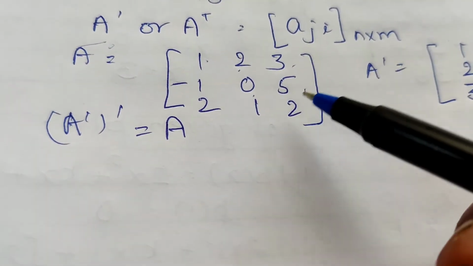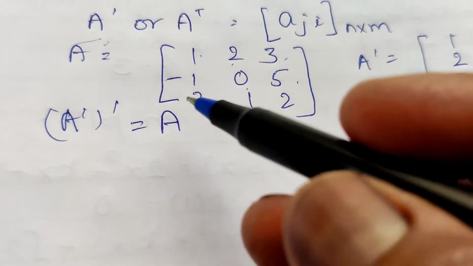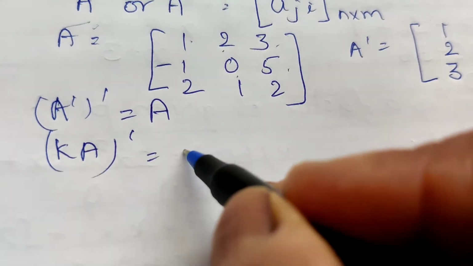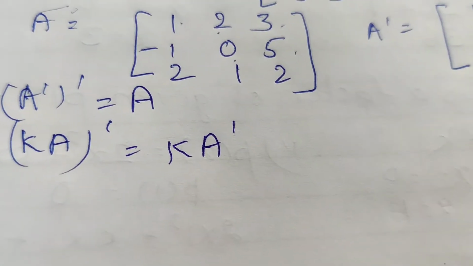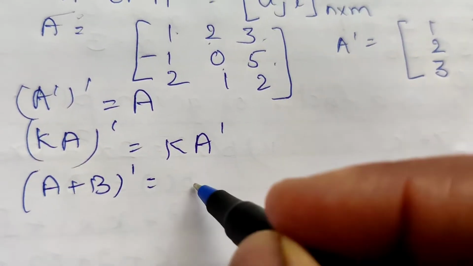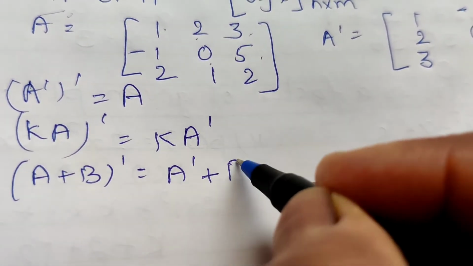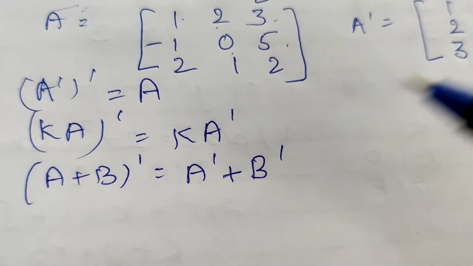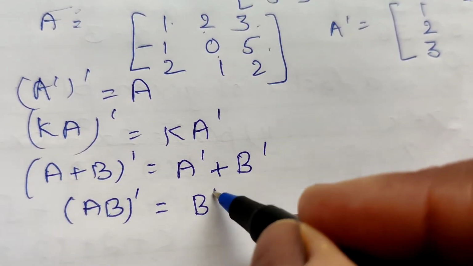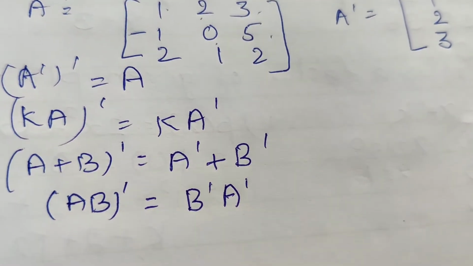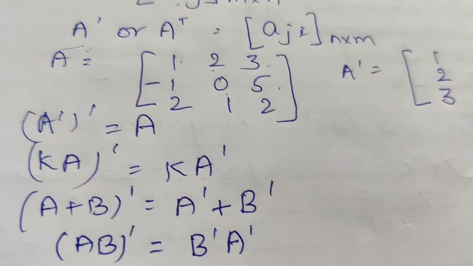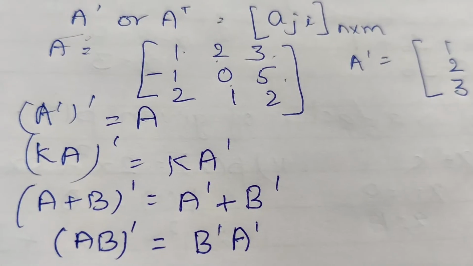If we transpose it two times, the same matrix comes back. Second, if we multiply by a constant, then the transpose of k times A equals k times the transpose of A. And the transpose of the sum of the matrices equals the transpose of A plus the transpose of B. And for the product, the transpose of the product AB equals the product of the transpose of B into the transpose of A. These are the properties of transpose of a matrix. Transpose is just interchanging the rows and columns.